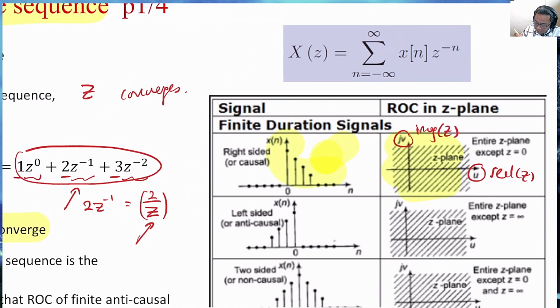And the answer is that we can shade everywhere on the z plane except at the origin. So the answer is the entire z plane except z equals to 0 for ROC of causal finite sequence.